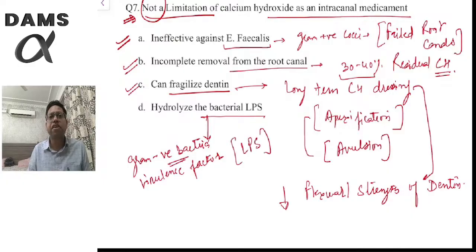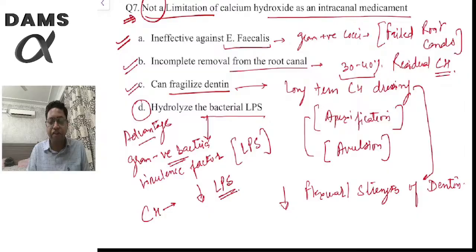The cell walls contain a virulence factor that makes them pathogenic, isn't it? So calcium hydroxide has a positive effect of inhibiting the lipopolysaccharide of gram-negative bacteria. So they inhibit the growth and multiplication of gram-negative bacteria. So option D is not a limitation, but it is an advantage of calcium hydroxide.